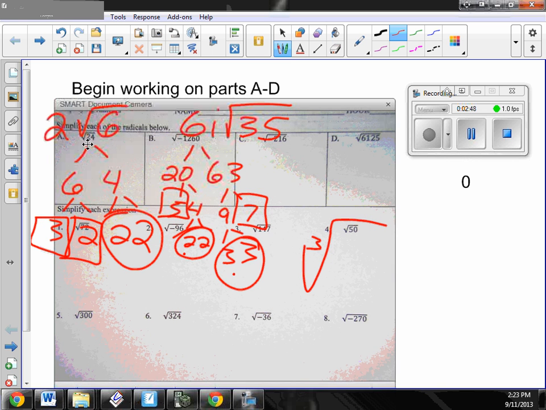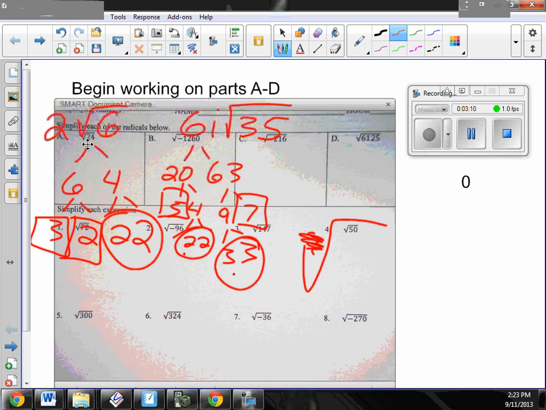Well, if you run into a problem where there is a 3 inside here, then there's no such thing as an i. But today, everything's a square root. Right. Odd roots create negatives. Even roots create i's. But luckily today and for the rest of the chapter, we're only doing square roots.